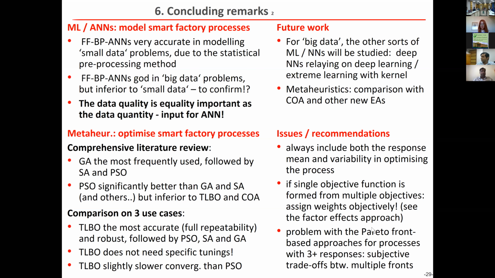And to highlight the issue that Pareto front-based approaches are good, but only if you have 2 responses or maximum 3. For more than that, I wouldn't recommend using Pareto front-based approaches.